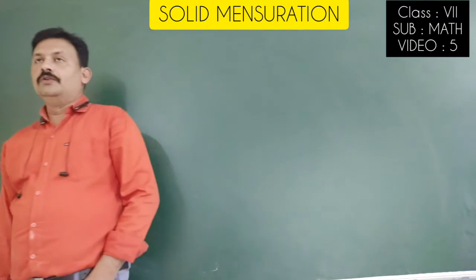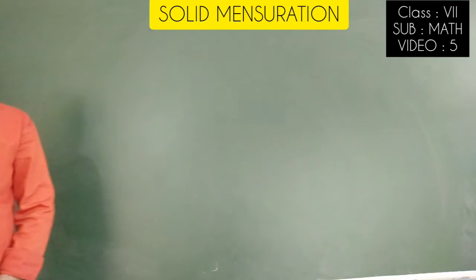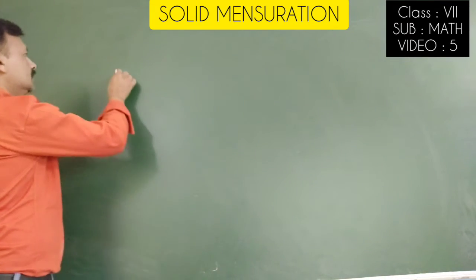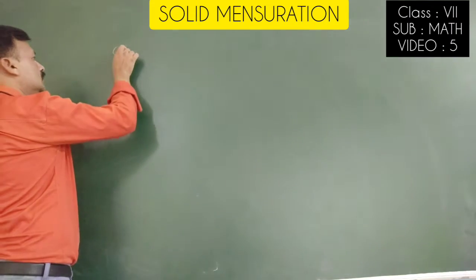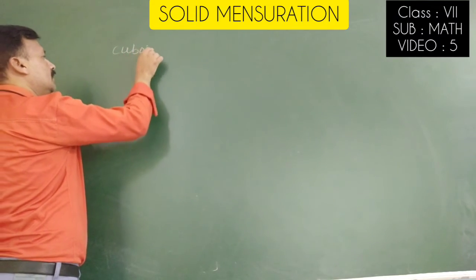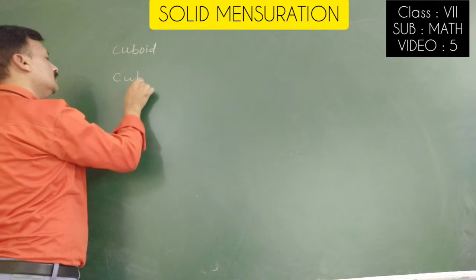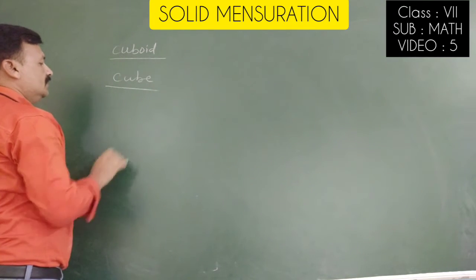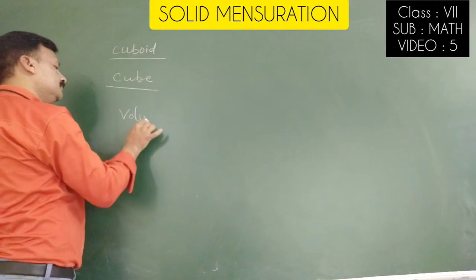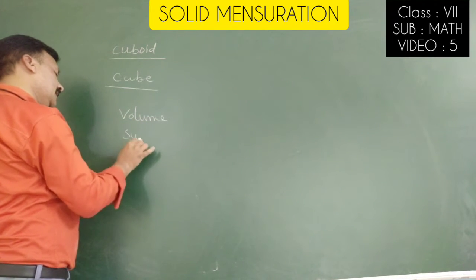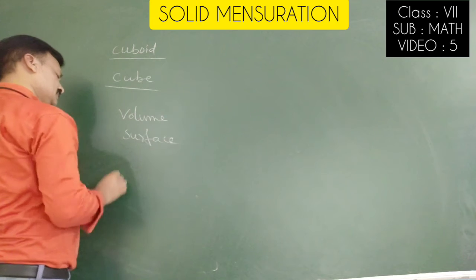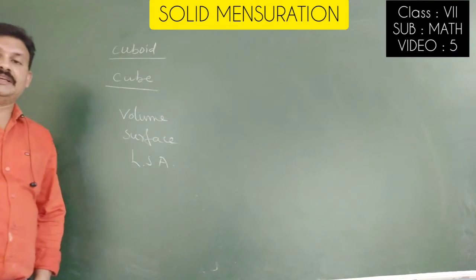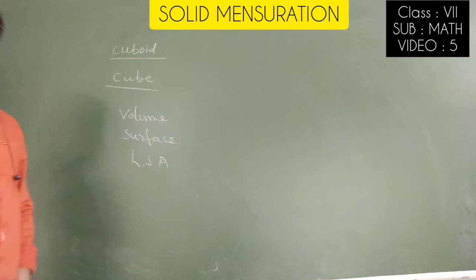In the previous video, we discussed two things in solid mensuration: cuboid and cube. In these two, we discussed volume, surface area, and lateral surface area.